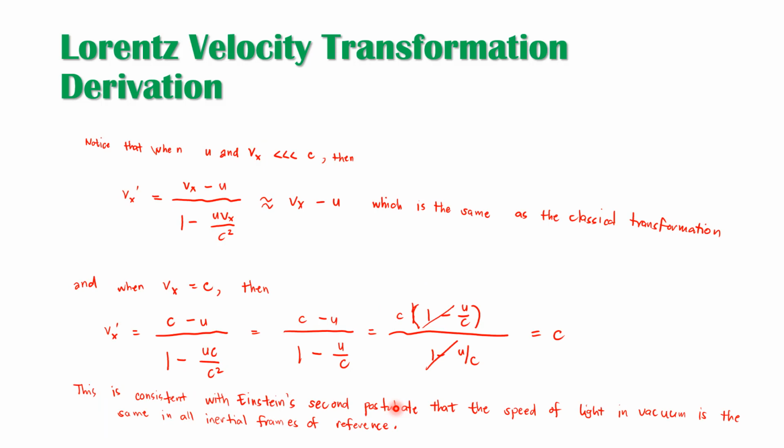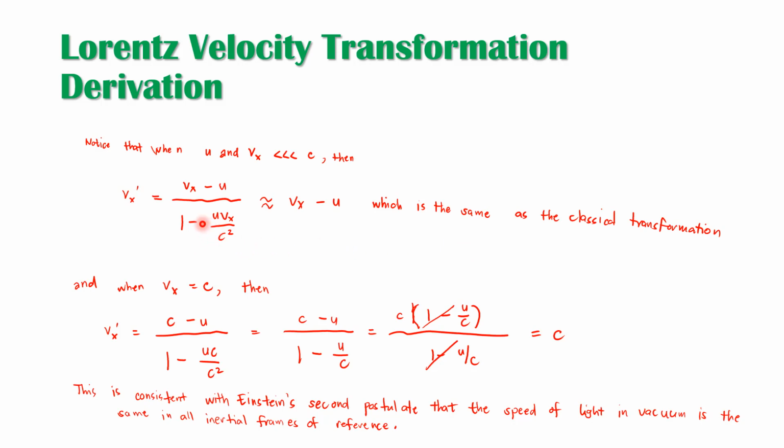Now notice that when u and v sub x are very small compared to c, and take note that c here is the speed of light in vacuum, which is equal to 3 times 10 to the 8 meters per second, then this equation will approach v sub x minus u, which is very familiar because this is exactly the Galilean transformation for velocity.